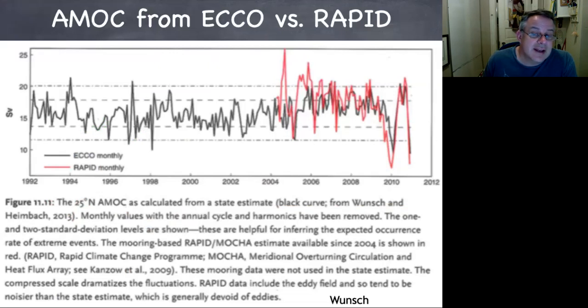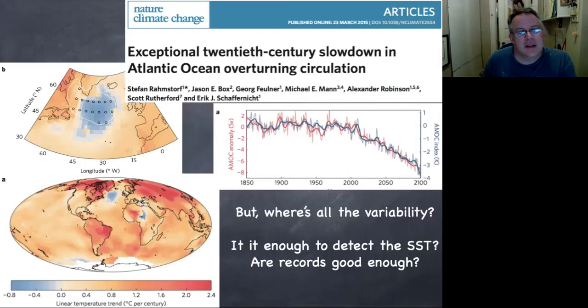This decline here at the end does not persist. Okay. There are some paleoclimate proxies and indirect proxies, like this paper from Stefan Rahmstorf, where they use a paleoclimate proxy method to try and infer that this cold hole, sometimes called the warming hole, this part of the North Atlantic that does not heat as rapidly as the rest of the North Atlantic under global warming, is thought to be an indicator that the cold water that should be sinking is actually not.